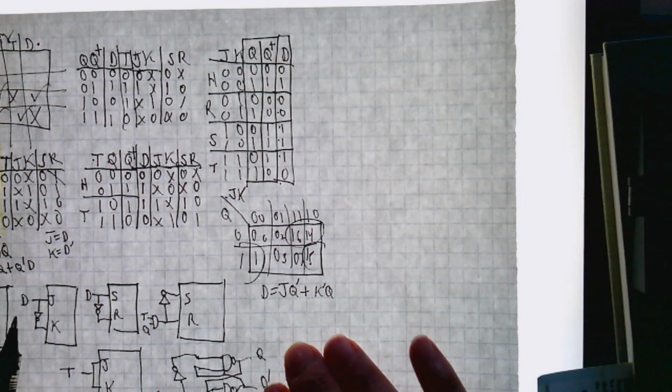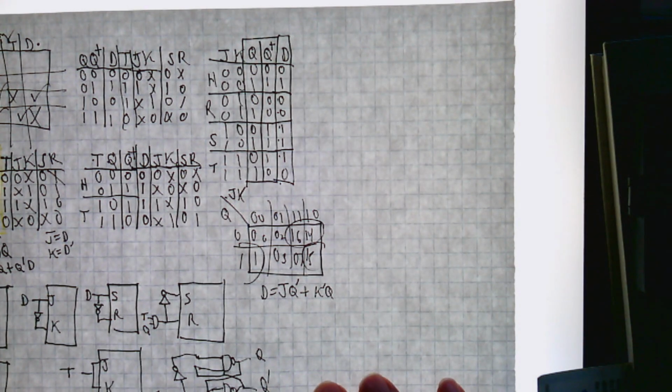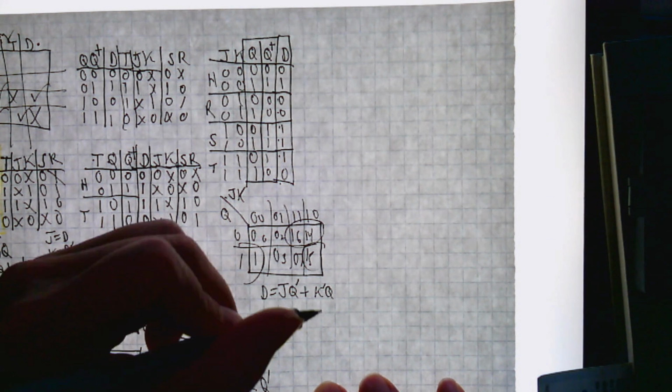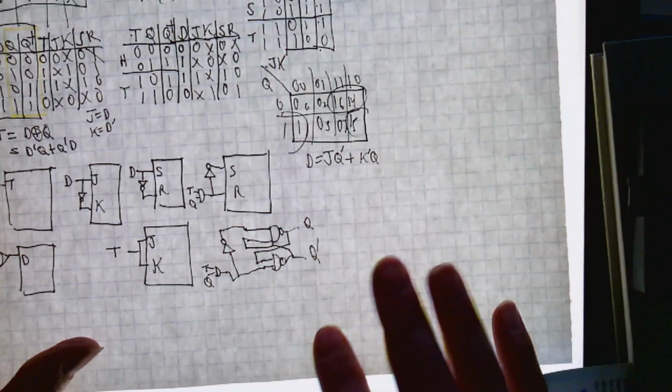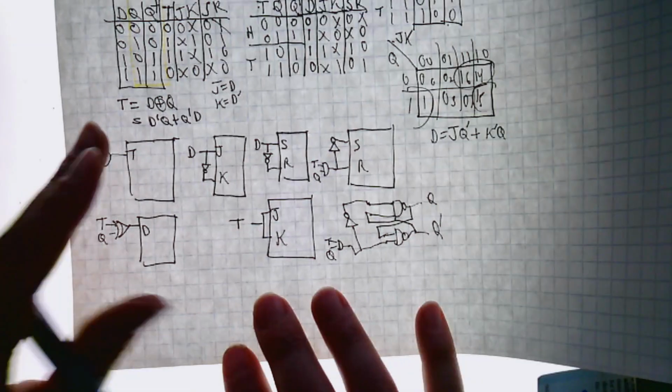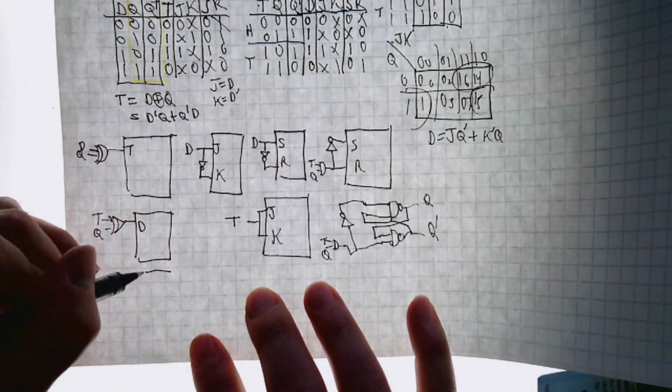That's cool. Because why? Well, because I implemented the JK flip-flop using a D flip-flop. And in fact, if I put it over here, here's my D flip-flop again.